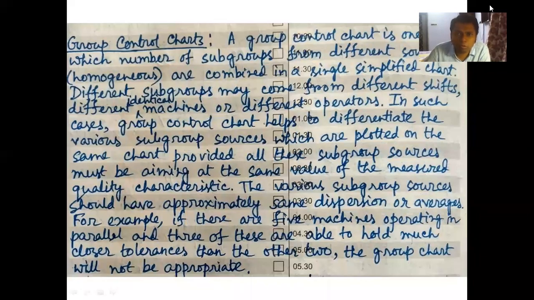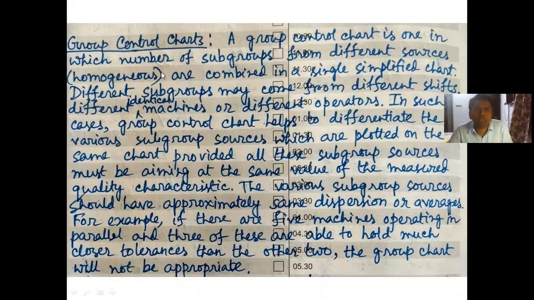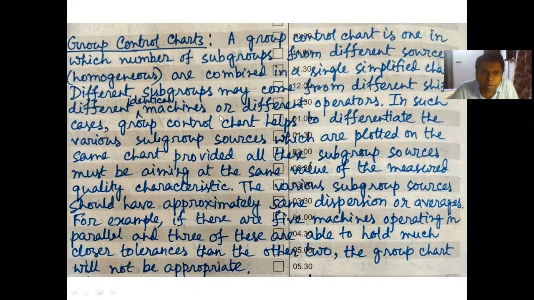A group control chart is one in which a number of subgroups from different sources, which are homogeneous, are combined in a single simplified chart. Different subgroups may come from different shifts, different identical machines, or different operators.